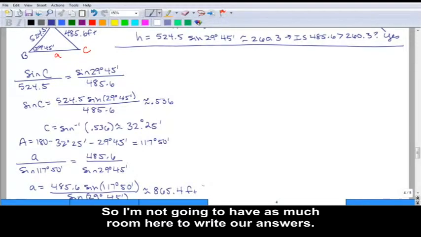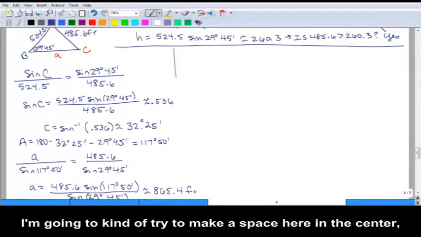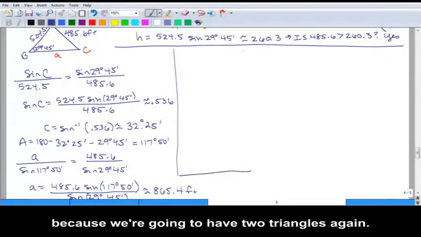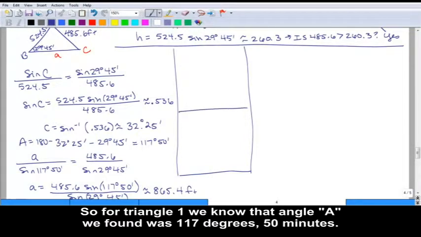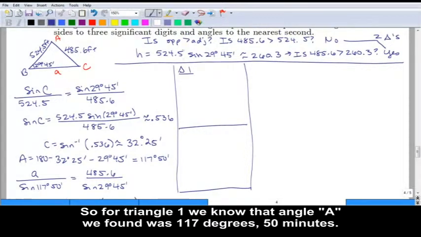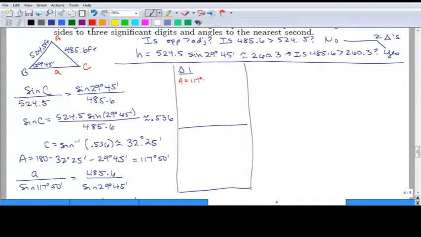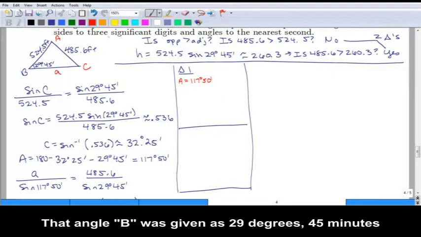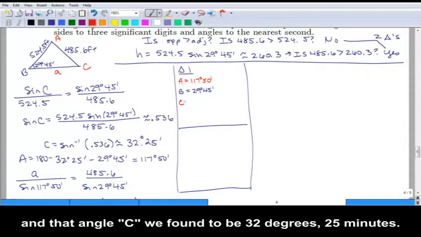So I'm not going to have as much room here to write our answers. I'm going to try to make a space here in the center because we're going to have two triangles again. So for triangle 1, we know that angle A we found was 117 degrees, 50 minutes. That angle B was given as 29 degrees, 45 minutes. And that angle C we found to be 32 degrees, 25 minutes.